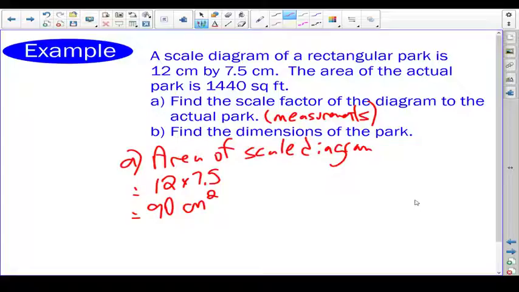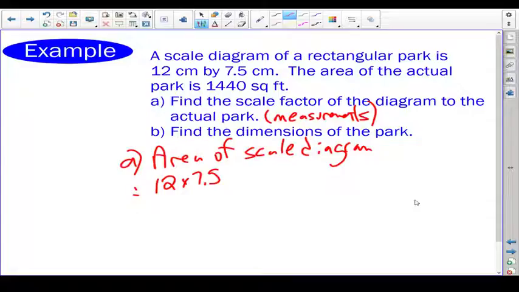Now this question's ugly, really ugly. If we're looking for a scale factor, we can't say 1 centimeter to 2 feet or something like that. We just have to come up with a number. So for that reason alone, we're going to have to do something just slightly different here.